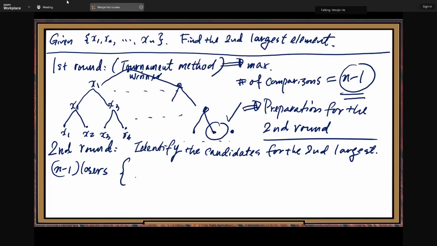The first group of losers: direct losers to the max, because they played with the max and got eliminated by the max directly. That's the first group of losers. The second group of losers: indirect losers.